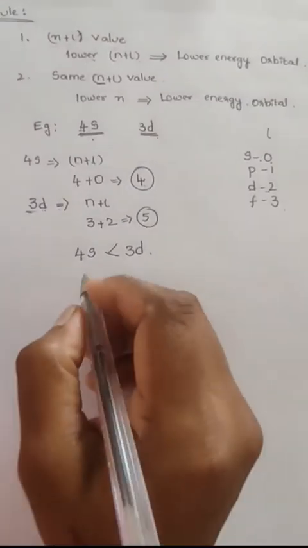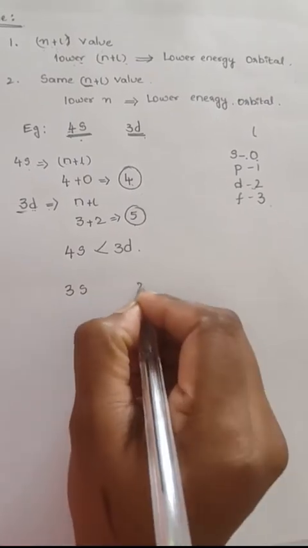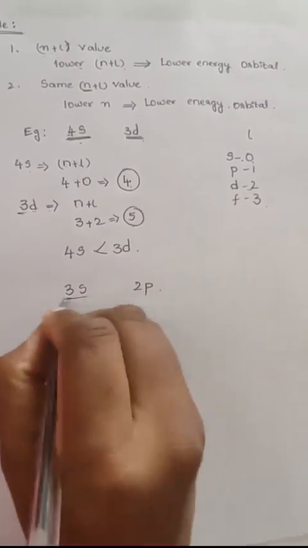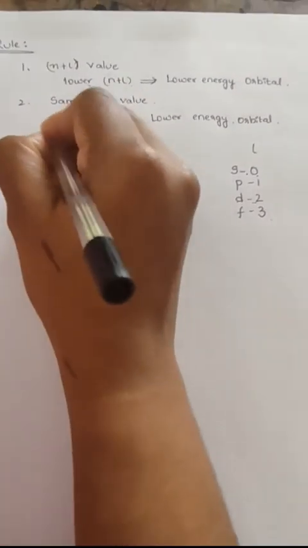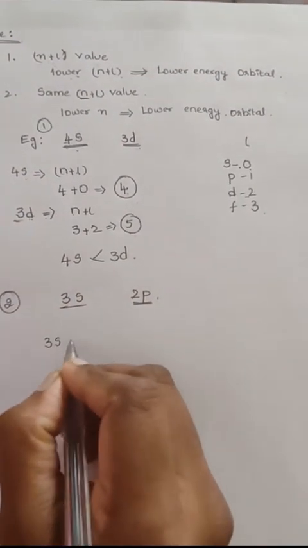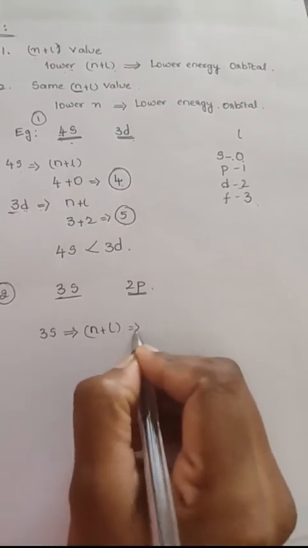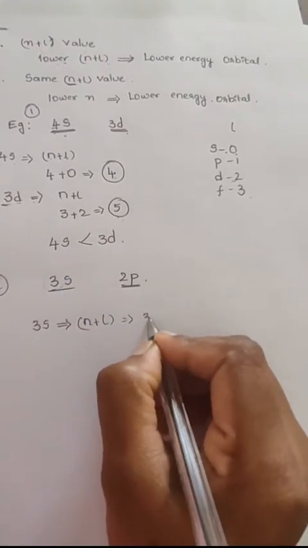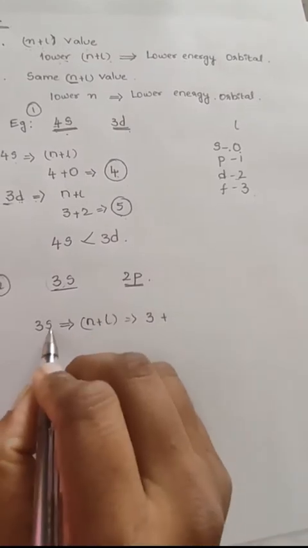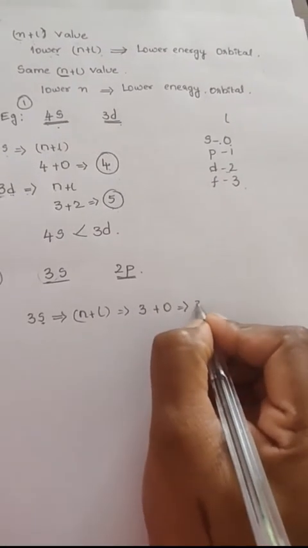Let us consider another example, 3s and 2p orbitals. For 3s orbital, if you calculate the n plus l value, the principal quantum number is 3 plus azimuthal quantum number s value is 0. So 3 plus 0, 3.